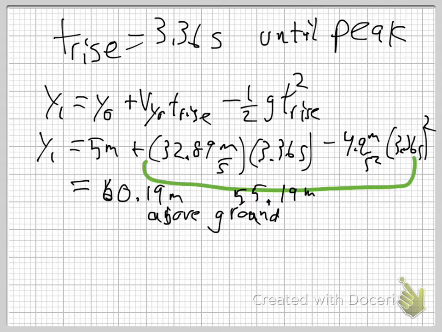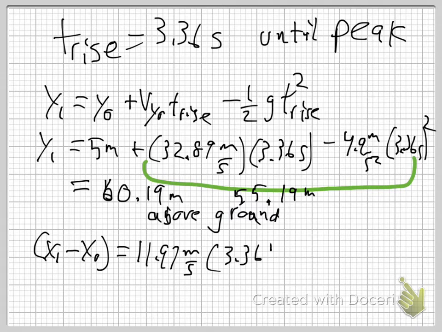Alright, so now that we know it's at the top, what should we do? Is there anything else that we need to find while it's still rising? Not necessarily. Since we already talked about x, we can go ahead and solve for it. So the delta x here is x1 minus x0, and that's just going to be that 11.97, which is basically 12, times 3.36 seconds.